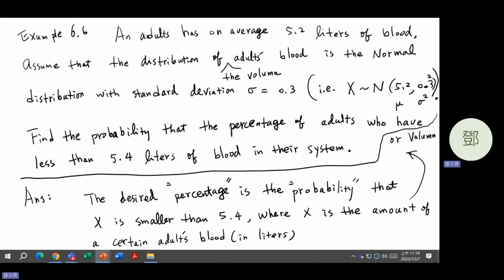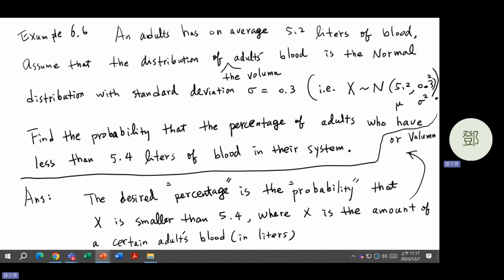P. And the first letter of probability? Also P, right? So the ideas of percentage and probability can be replaced interchangeably. The two ideas are equivalent. They can be used interchangeably, right?